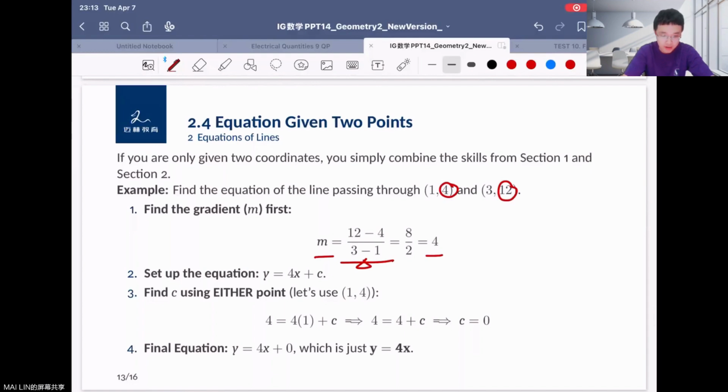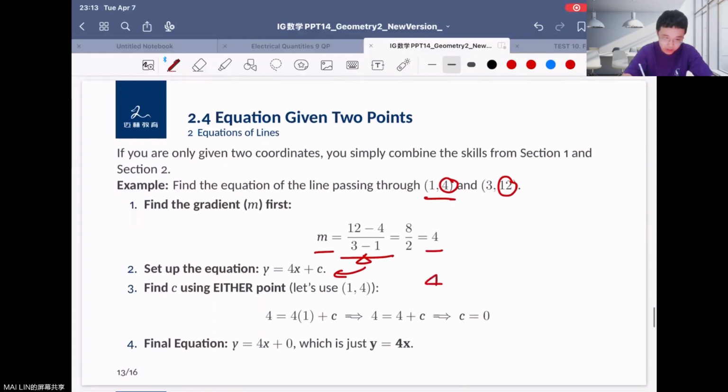So the equation is y equals 4x plus c, and our goal changes to how to find c. You can put (1, 4) into it. So 4 equals 4 times 1 plus c, right? So c equals 0. Finally, the equation is y equals 4x plus 0, that is just y equals 4x. Okay, that is the equation.